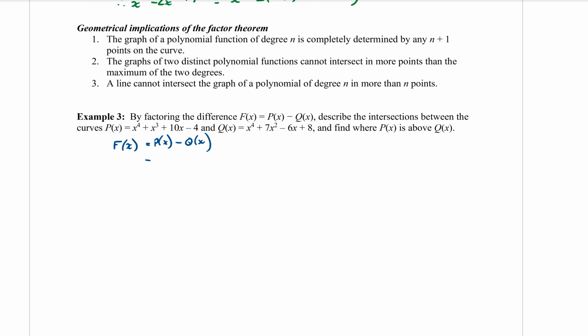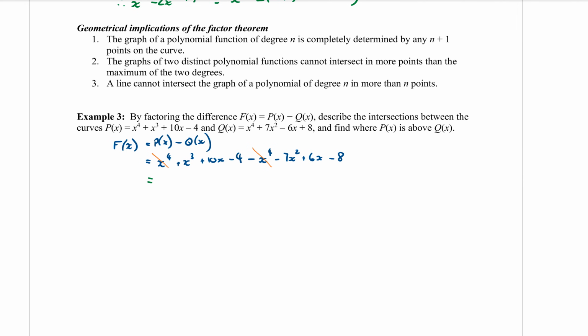So p of x, I'm told, is x to the power of 4 plus x cubed plus 10x minus 4. And I want to subtract the q of x. Now I'm going to expand the minus through. That's minus x to the power of 4 minus 7x squared, becoming a plus 6x and a minus 8. So x to the power of 4 minus x to the power of 4, they cancel out.